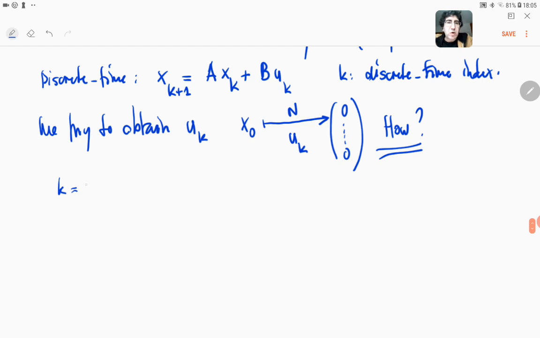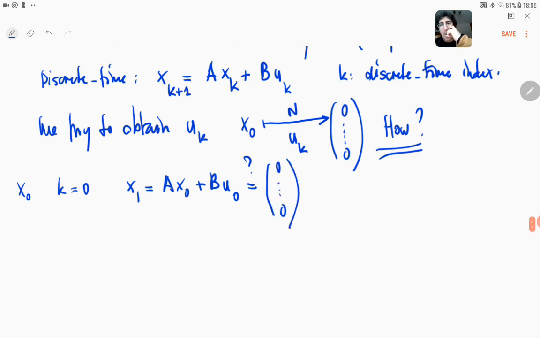For example, at time k is equal to 0, we have x0, our initial state. We can calculate x1 as A times x0 plus B times u0. And the question is, can we make this equal to the zero state?